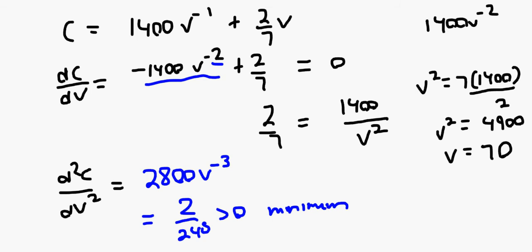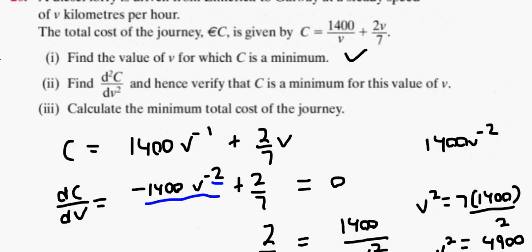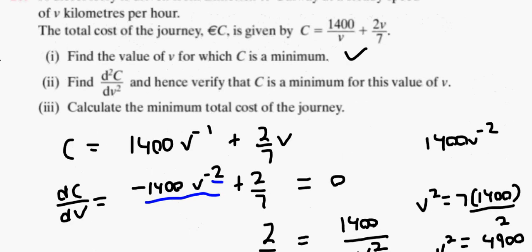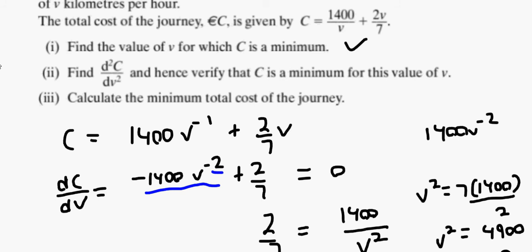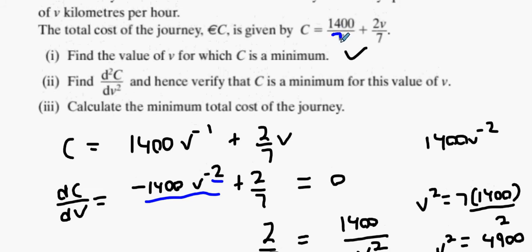Delighted I am. Calculate the minimum cost. No worries. Insert 70 back into the original equation. And what happens there? I'm going to get 1,400 divided by 70, which is 20, and 2/7 of 70 is 20 as well. 20 plus 20, 40 quid.